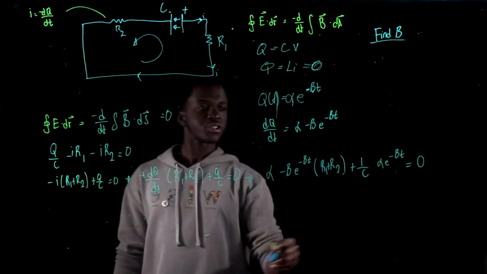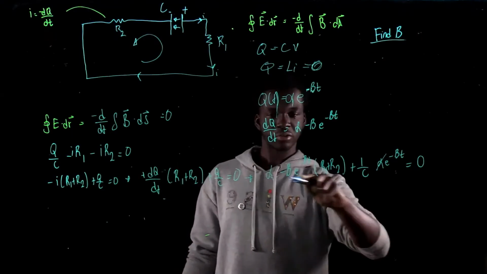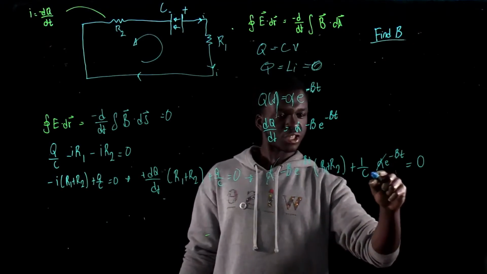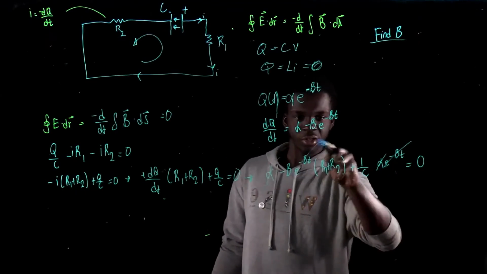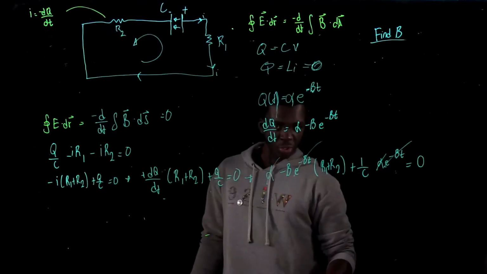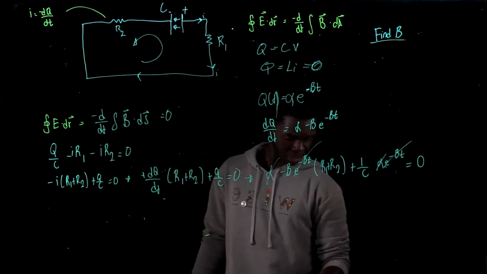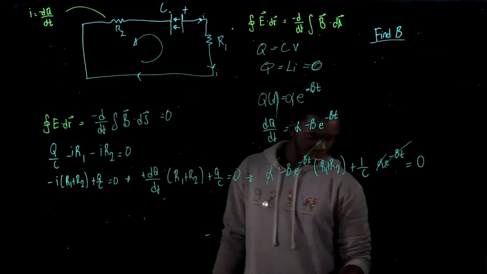So now you can just eliminate similar things. I think you can eliminate E negative beta T, E negative beta T. I think that's all you can eliminate.